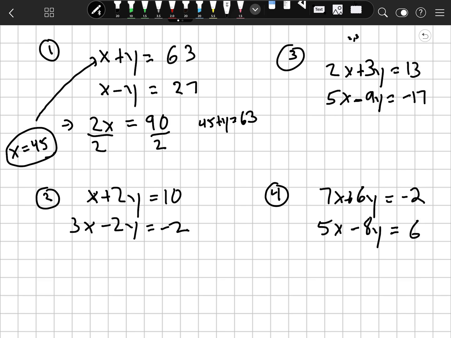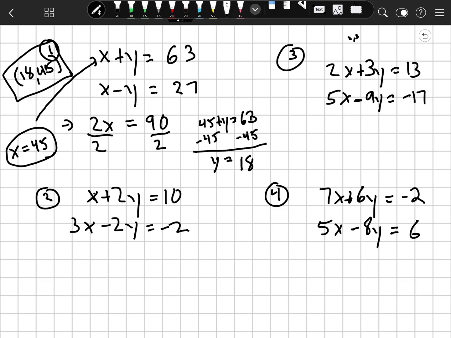And now this is a pretty easy equation to solve too, so I'm going to subtract 45 from both sides. And we've got y equals 18. So 18 and 45 are the two numbers that when added together give you 63. And when subtracted, 45 minus 18 gives you 27.